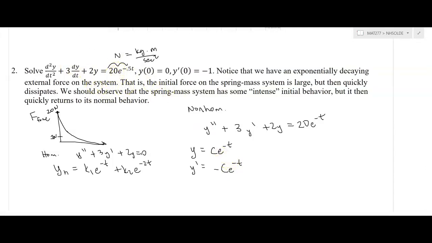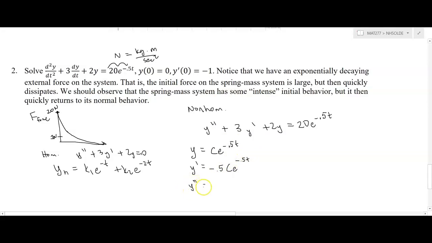I'm going to make a quick change to this function for a reason that I won't go into here. I'm going to make this e to the negative 0.5t. So that won't affect anything that we've done already. We'll have a little bit of a problem if we leave it as negative 1t, so let's make it e to the negative 0.5t. So that means our derivative will be negative 0.5 c e to the negative 0.5t.